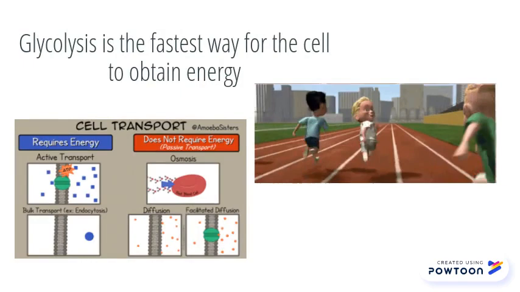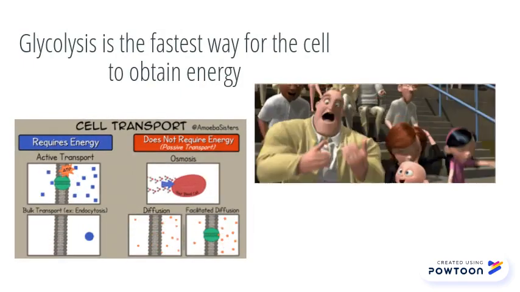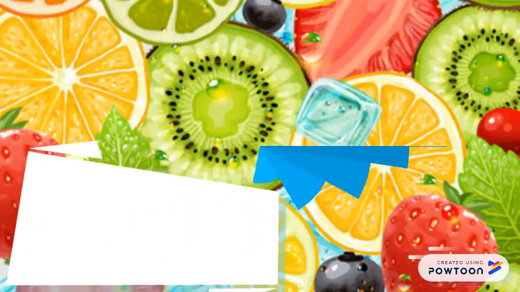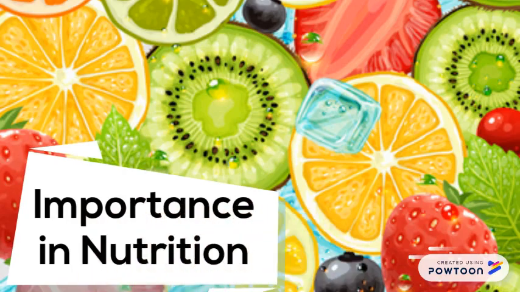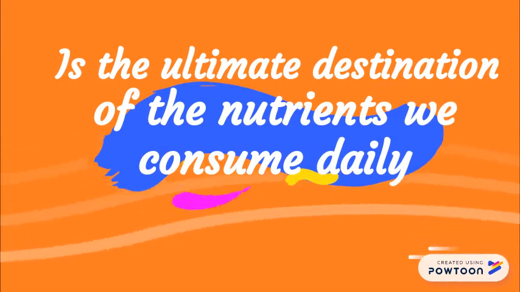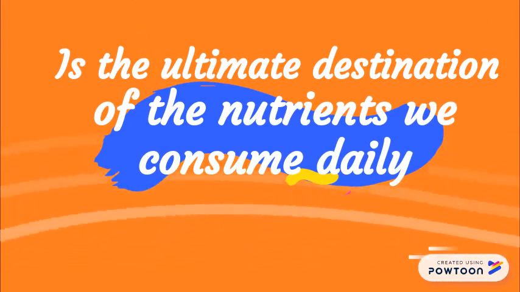It is important to highlight that glycolysis is the fastest way for the cell to obtain energy. Now, we are going to review the importance of glycolysis in nutrition. Glycolysis is the ultimate destination of the nutrients we consume daily.